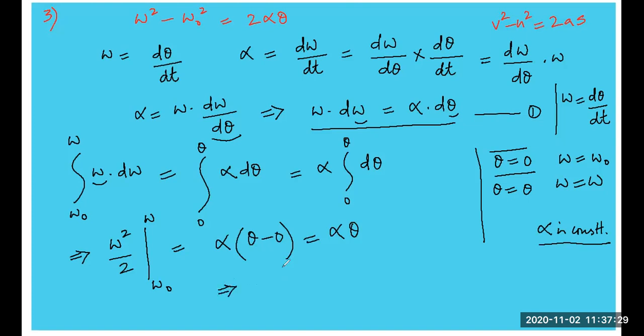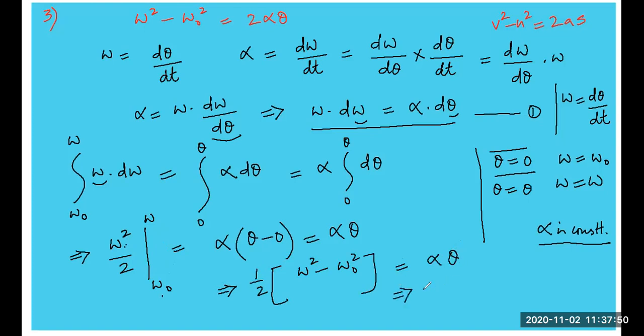So students, here what I get, 1 by 2 can be taken outside, and first put the value of omega in this, then put the value of omega naught in this. So it will be omega square minus omega naught square, right, is equal to alpha theta. Am I right?